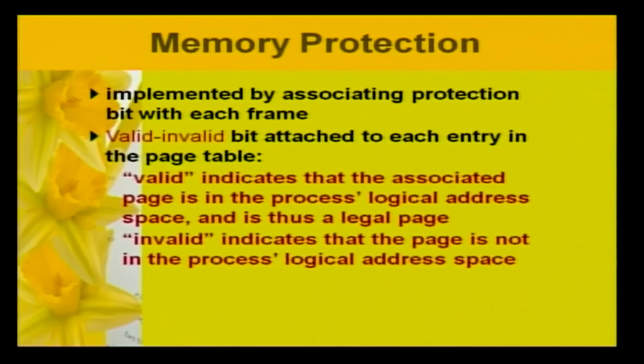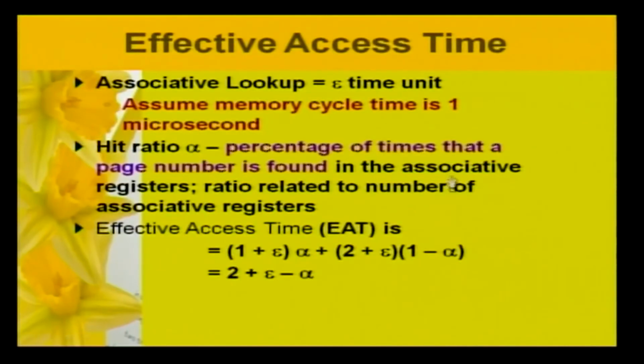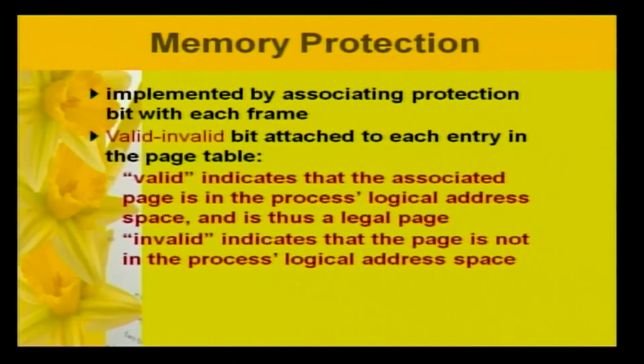Memory protection is a mechanism which you have to take care of as a solution to the hit and miss problem inside your associative memory. However many entries are there in your associative memory, the associative memory is bound to give you not a permanent solution but a temporary solution to the speedy access for translation of P to F. Therefore, a memory protection mechanism is introduced.